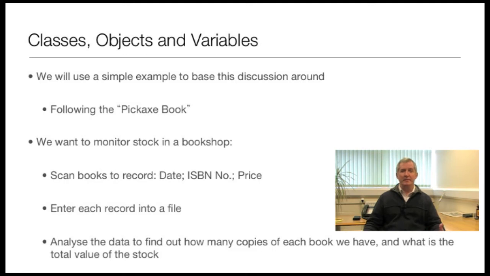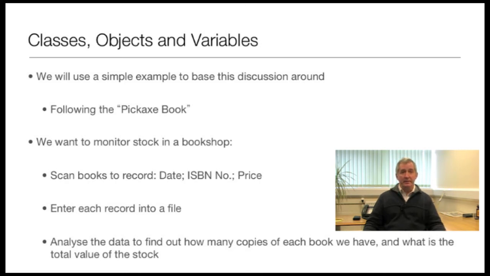So there are a number of things that we might want to do, which is, for example, to look into that array and find out how many copies of a particular book we have, what's the total value of the books in the stock, and so forth. So we're going to use some simple operations on sets of objects within a class and so forth. Very, very simple.